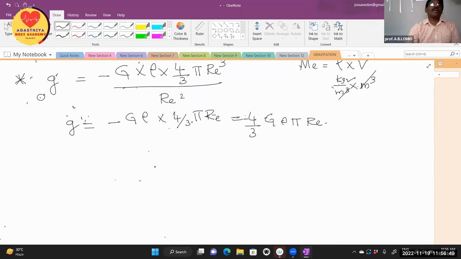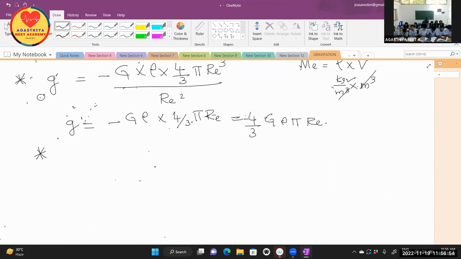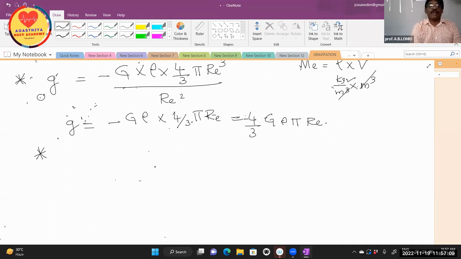Kindly note down the other point, students. All of you listen here: the acceleration due to gravity is independent of shape, size and mass of the object, but it depends upon shape, size and mass of the earth.